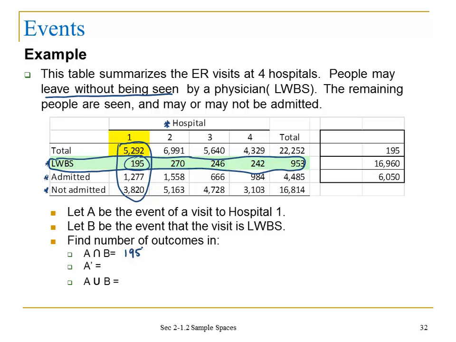So you have 4 options. You went to the first hospital. That's event A. Now we want to know what is the complement of that event. So we know that A equals 5,292. What will be the complement of A?